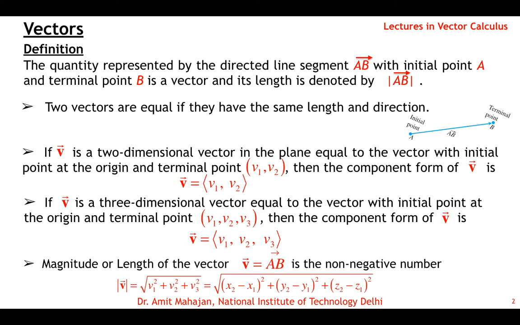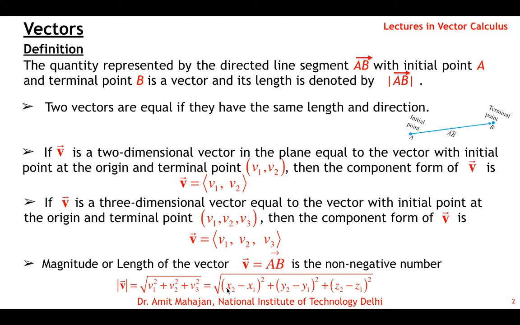The magnitude or length of the vector v, which is the magnitude of AB, is a non-negative number. Magnitude of v or length of v is square root of v1 squared plus v2 squared plus v3 squared.